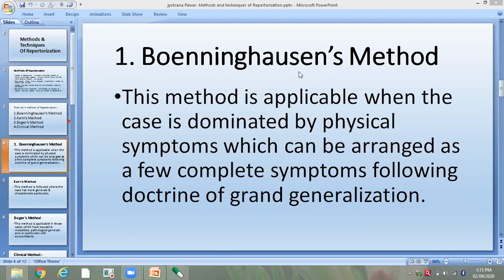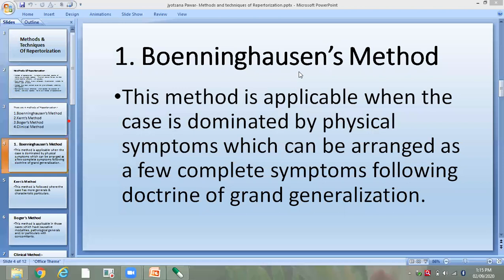But most of the time we do not get the modalities, the aggravating and ameliorating factors, while taking the case. So to complete these symptoms, we consider the man as a whole and consider other parts' modalities as the whole person's modalities.